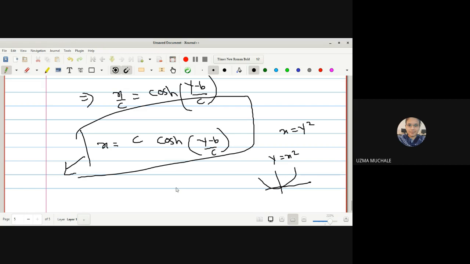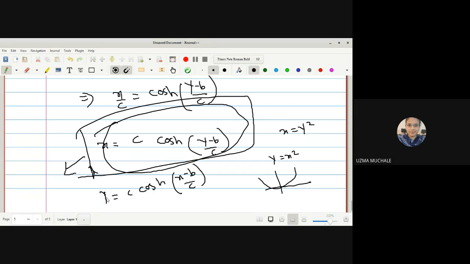Hyperbolic ellipsoid. What is an ellipsoid? We should know all these things. So this is the required equation of a catenary. You can search on Google for the equation of the catenary. In the reverse form you also get y is equal to c hyperbolic cos of x minus b upon c.